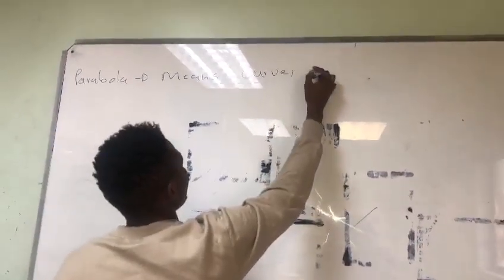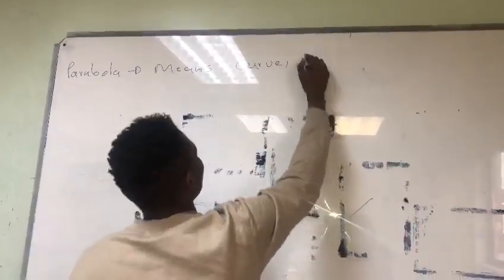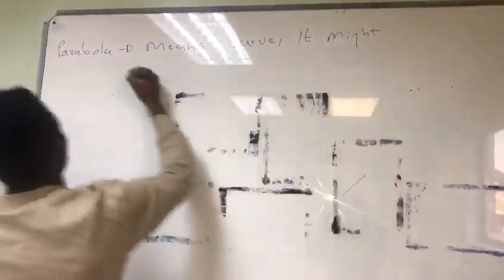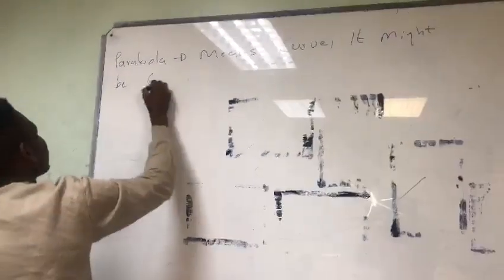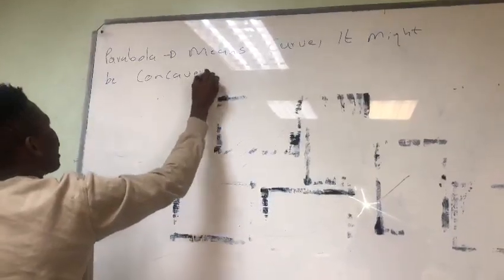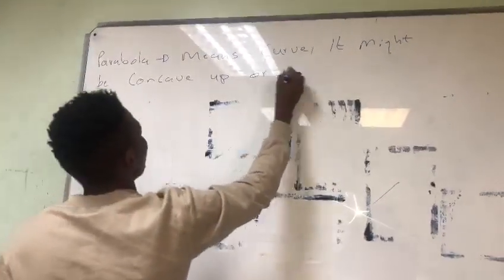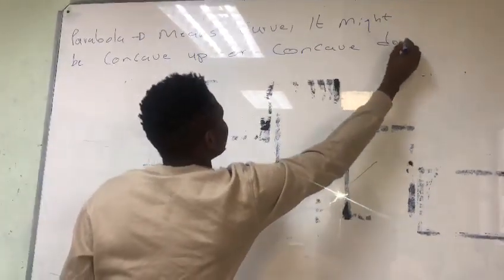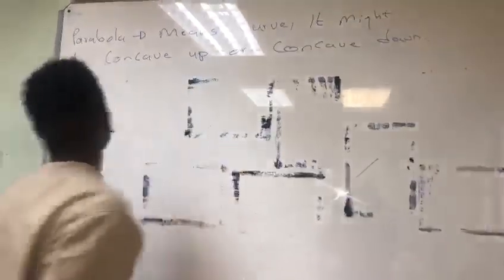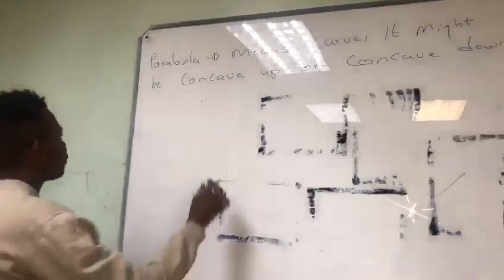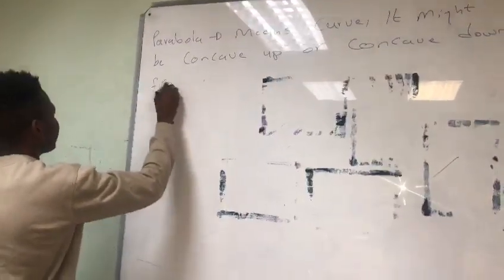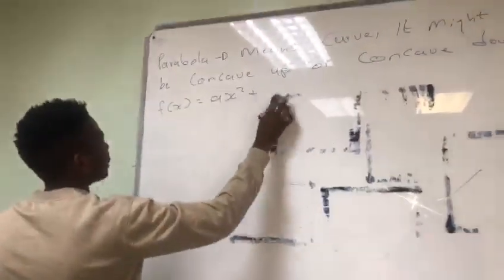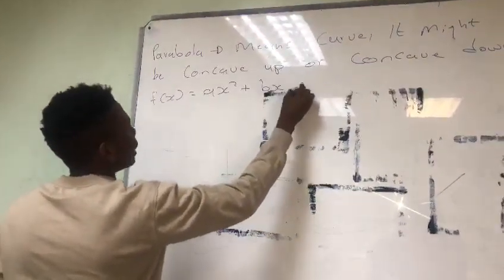It might be concave up or concave down, right? So our general formula of a parabola is f of x is equal to ax squared plus bx plus c.